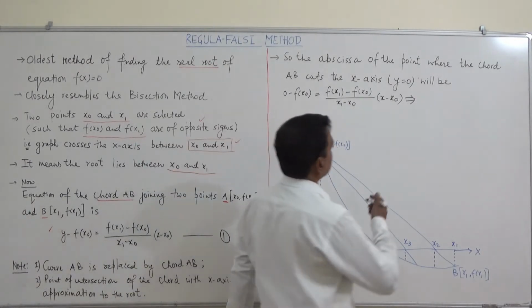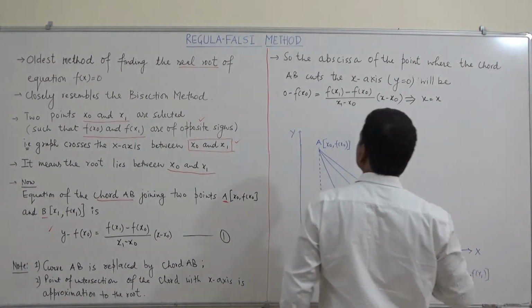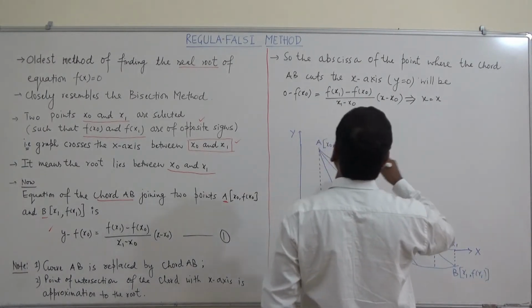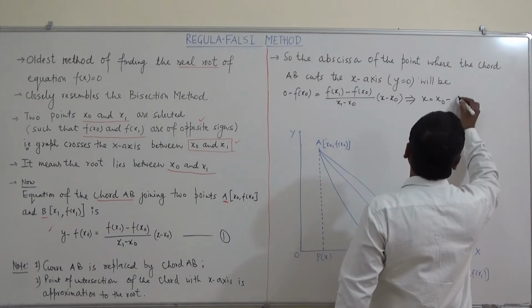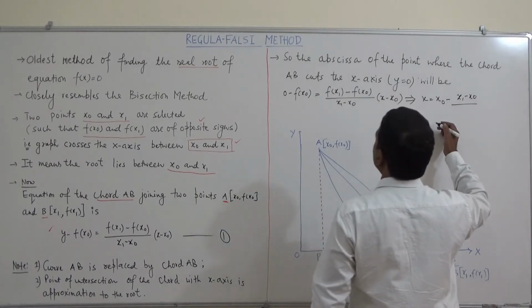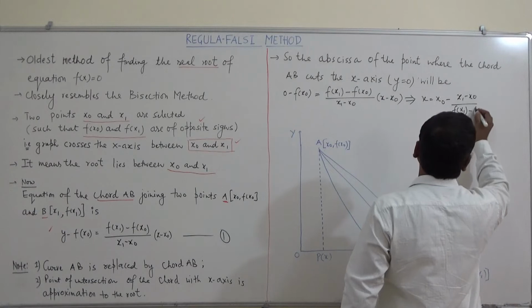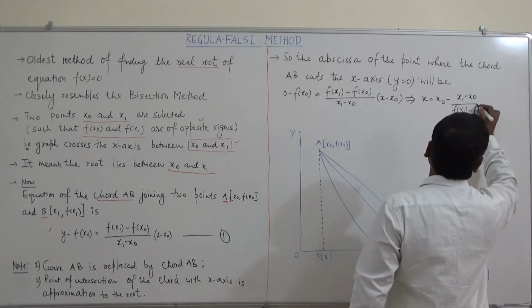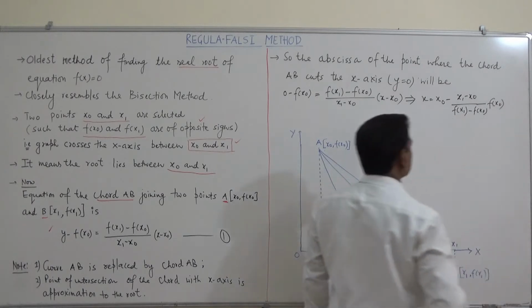So ultimately we can say x equals x0 minus x1 minus x0 divided by fx1 minus fx0 into fx0.